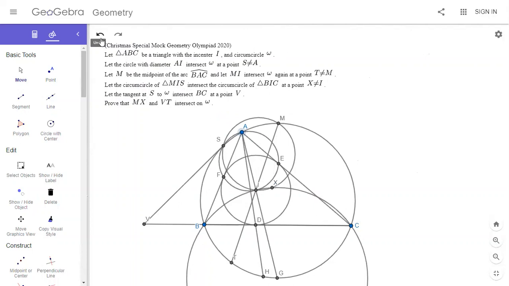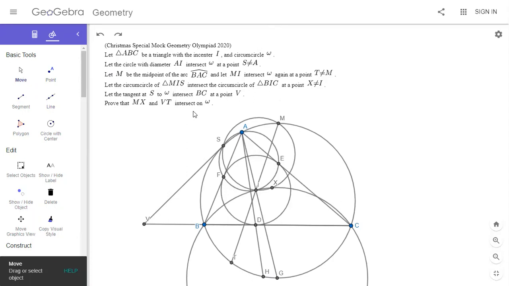I think it probably might help. So ID and MX intersect on the circle. Maybe that would help us show that MX passes through H.